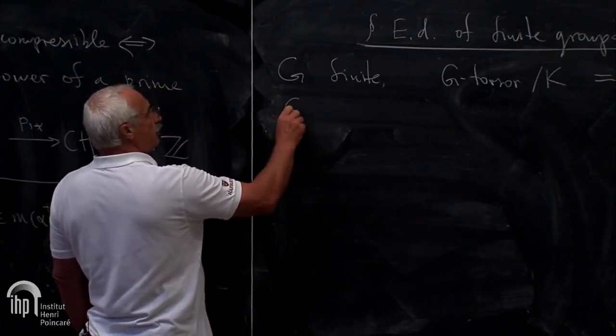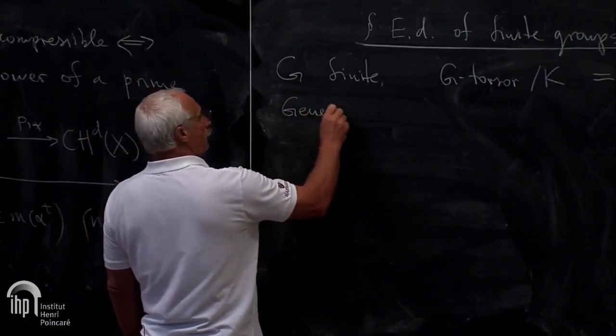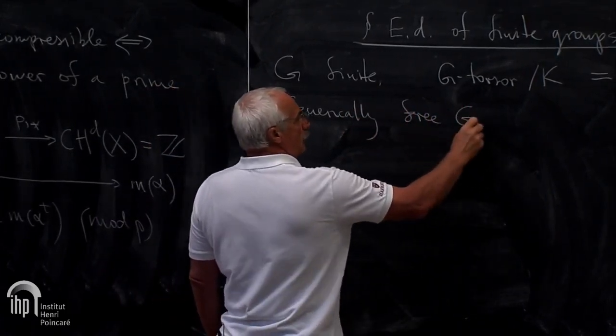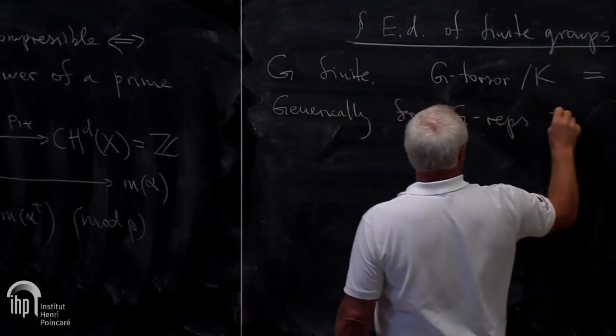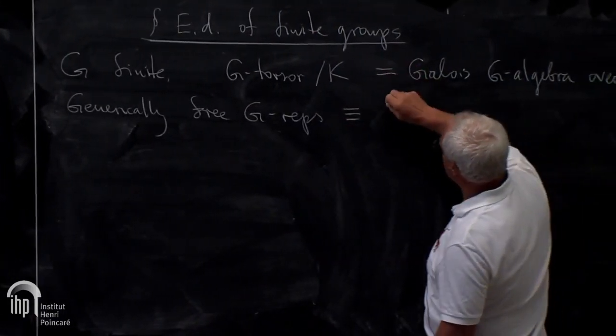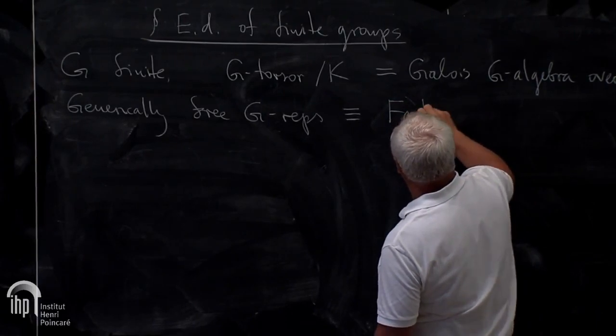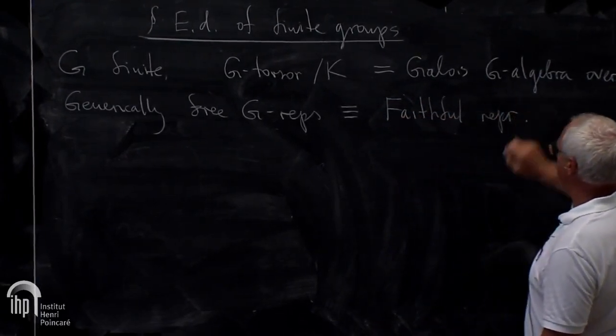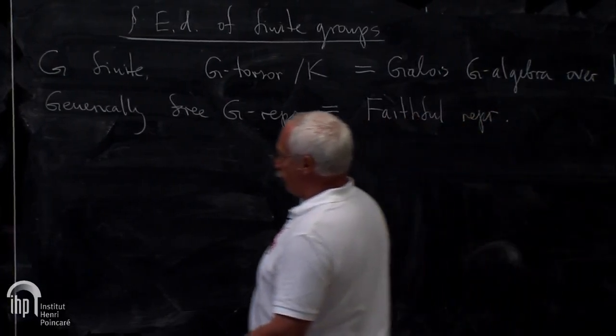And generically free representations are the same as simply faithful representations. So we have the obvious upper bound.